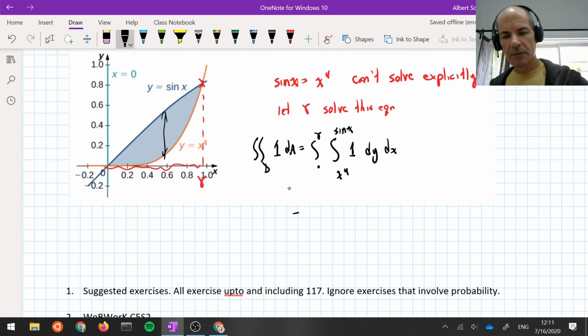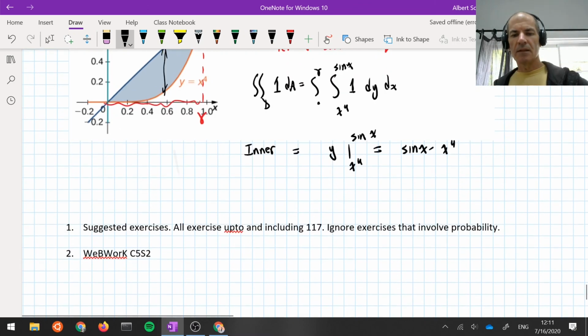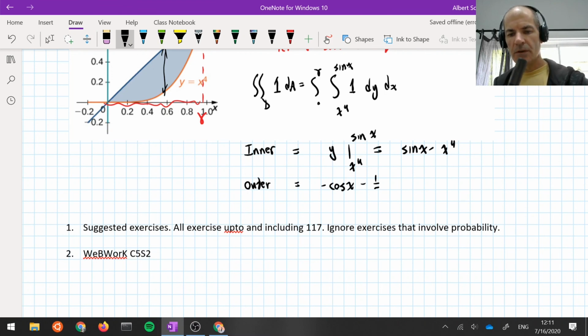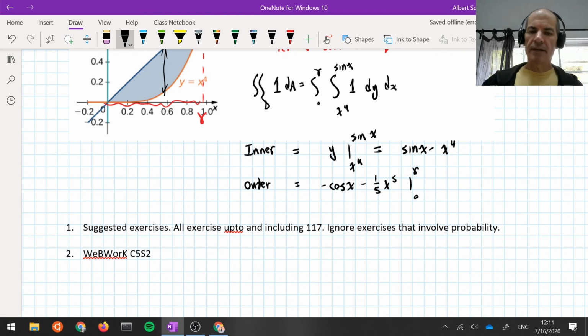We can do this integral. The inner integral is y evaluated from x to the fourth to sine x, or just sine of x minus x to the fourth. And then we can do the outer integral, where we integrate with respect to x, and we get minus cosine x minus 1/5 x to the fifth, and now we integrate from 0 to gamma, like that.